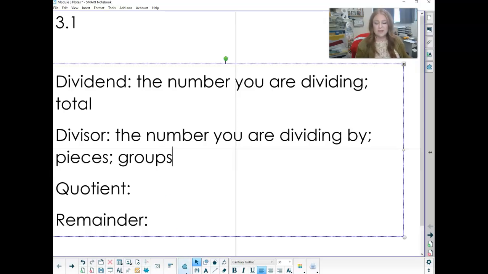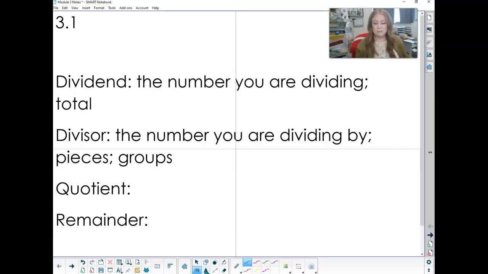So if you're looking at that in a division problem, the dividend is going to go here. I always like to think of it as the den, right? It's going in this den. And then the divisor goes on the outside. It's what we're cutting it into.